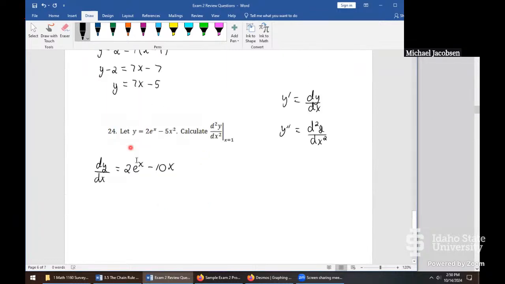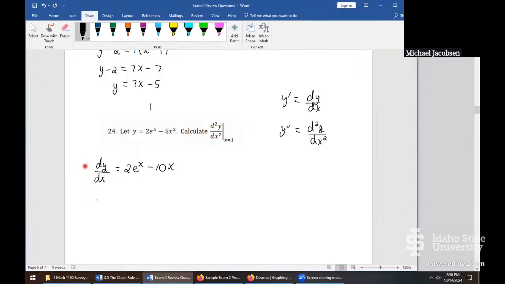Next step, we just differentiate again. So if we're trying to get to the second derivative, d2y/dx2, we operate on the first one and just differentiate again.